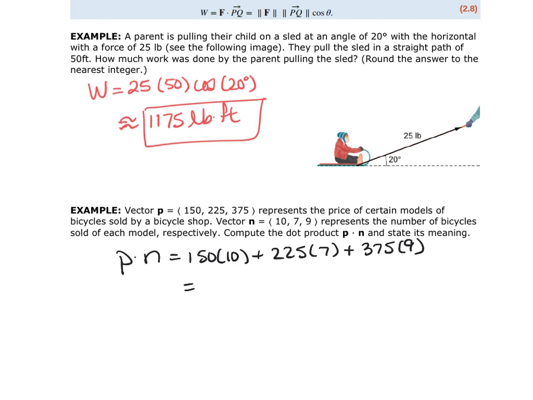My final answer is 6450. What does this represent? This represents the total amount of money from selling the bicycles at those values. So that is the total amount of money selling those bicycles. That's what it means. And that's it for this section. Not a bad section.